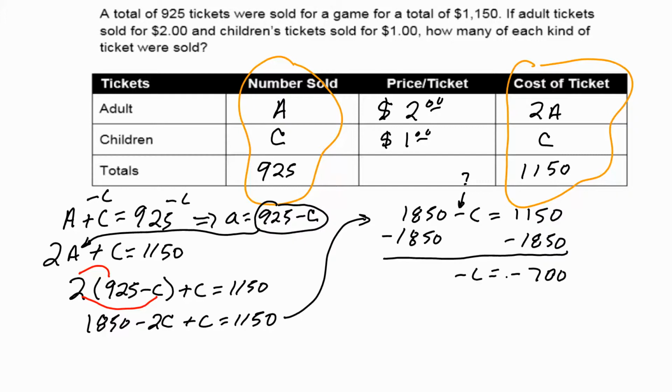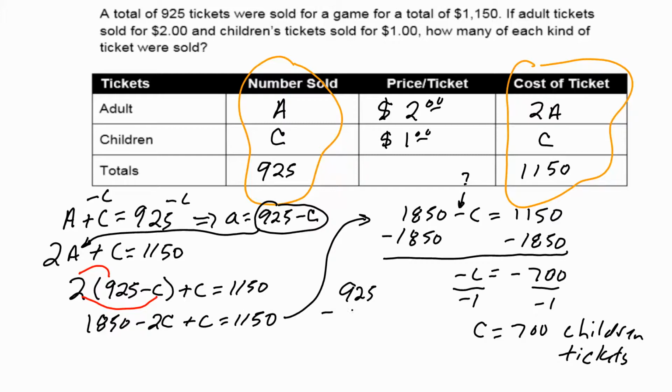So minus C equals minus 700. Divide both sides by -1. So C equals 700 children tickets. And since we know that there were 925 sold, we can subtract that and get 225 adult.